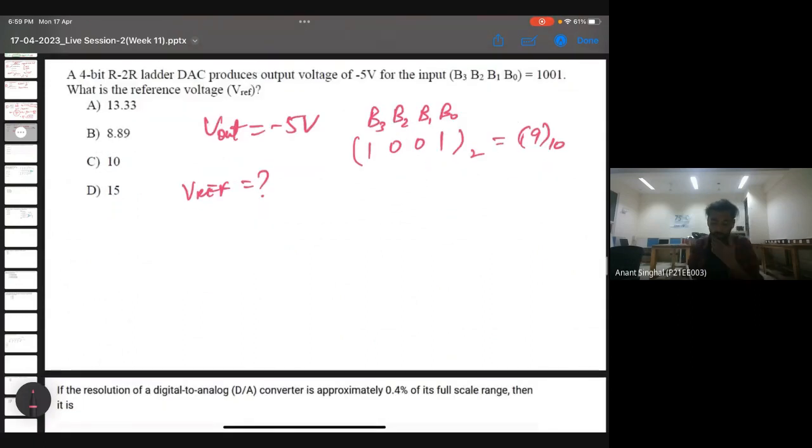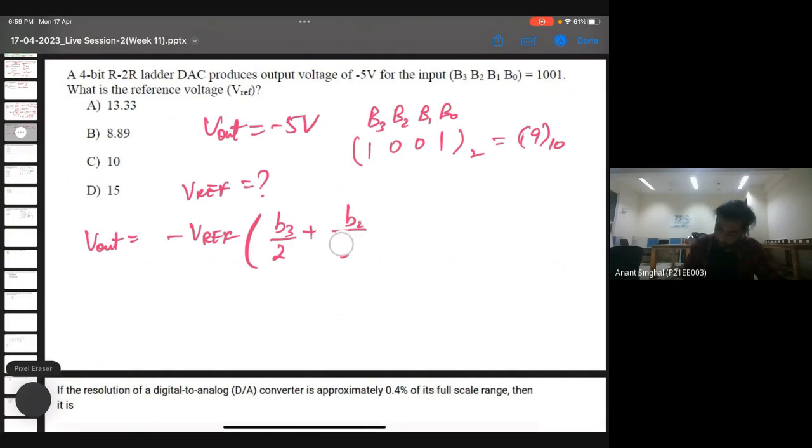So we know in general what is V out. V out is nothing but minus V ref times MSB upon 2 plus, this will be 4, then this will be 8, then this will be 16. We know that this is 1 and this is 1 given in the question, and this is 0 and this is 0.